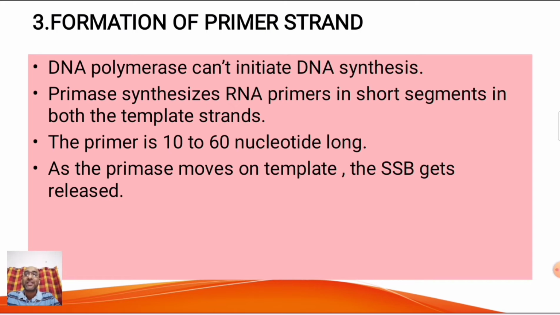Primase synthesizes RNA primers in short segments on both the template strands. The primer is a 10 to 60 nucleotide long RNA sequence. As the primase moves on a template, the SSBs, the single stranded binding proteins, get released.